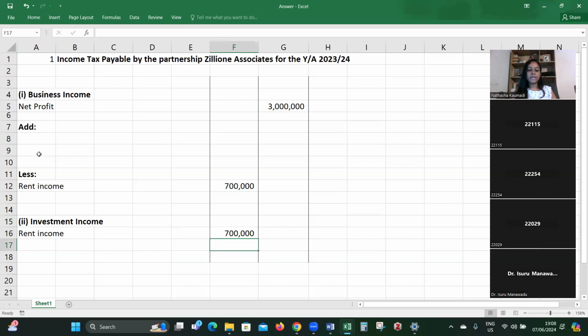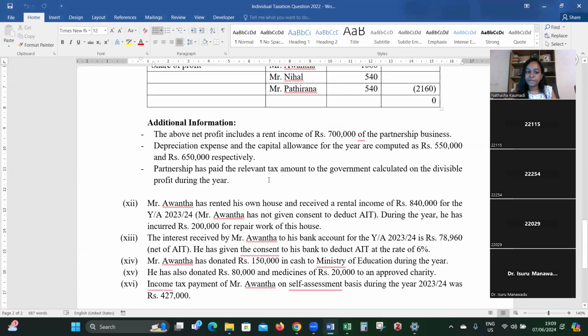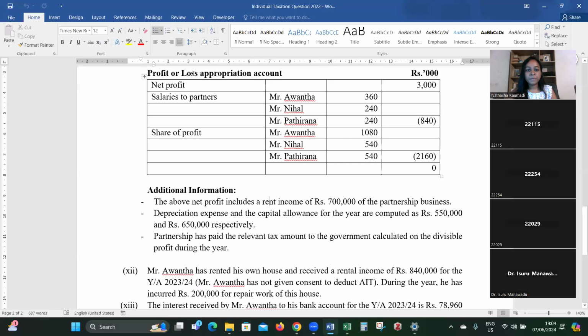Later you can also write this 700,000, but it's easy: if you deduct 700,000 from 3 million, at the same time you can mention the rent income 700,000 under investment income. And then depreciation expense and the capital allowance given. The depreciation is 550,000, capital allowance is 650,000.